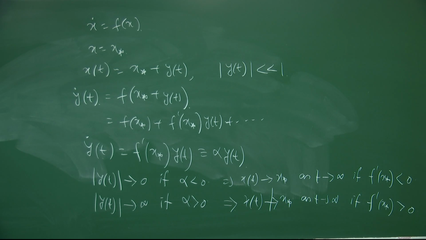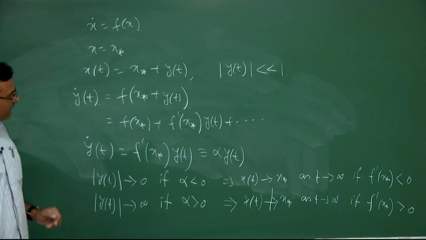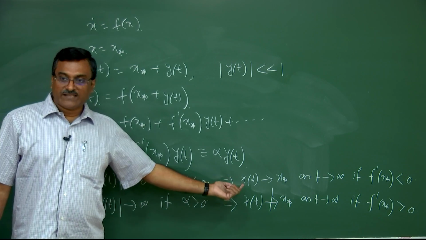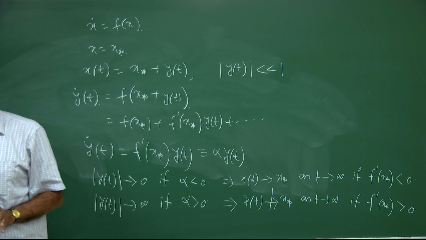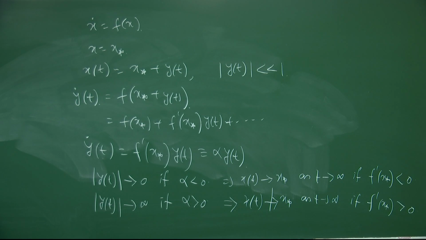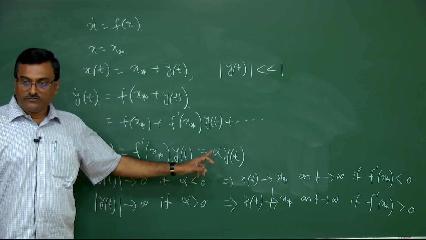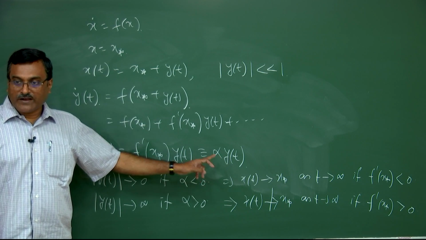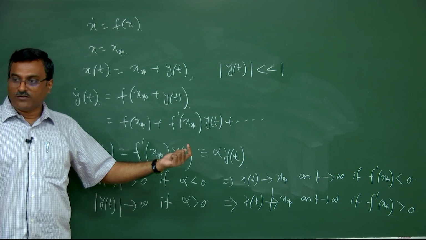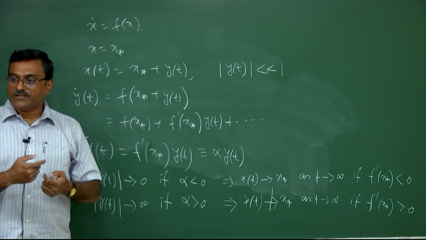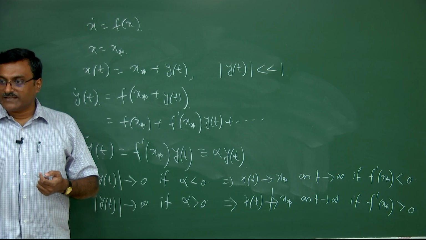Now the point is, if your f'(x*) is exactly equal to 0, what is going to happen? Then the solution is y(t) equal to constant. It is neither converging to 0 nor diverging to plus infinity as t tends to infinity.